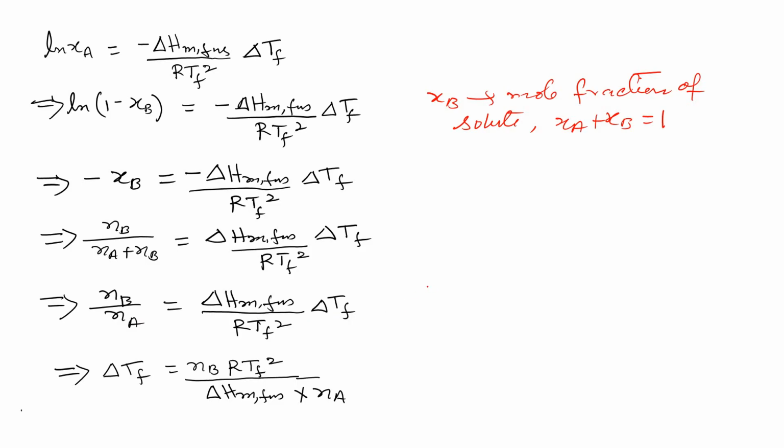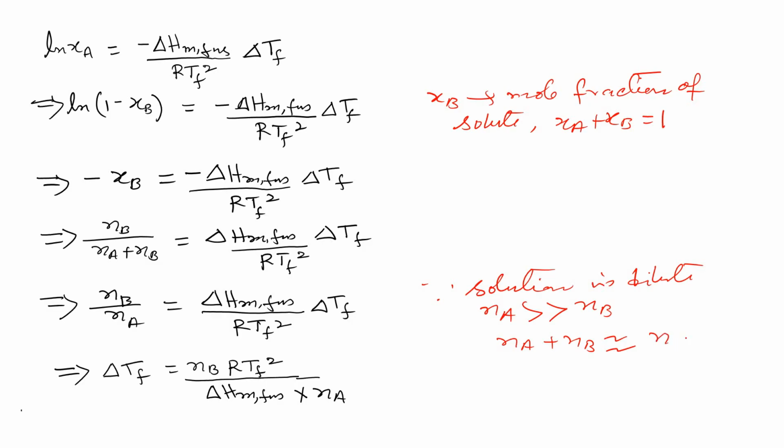Here once again, since the solution is dilute, NA must be much greater than NB. So NA plus NB, I can write almost equal to NA.